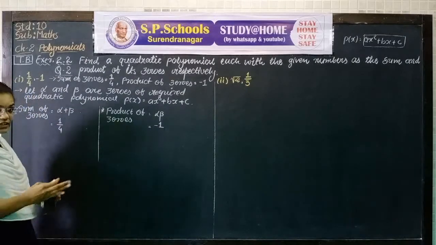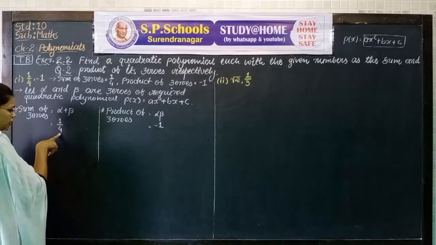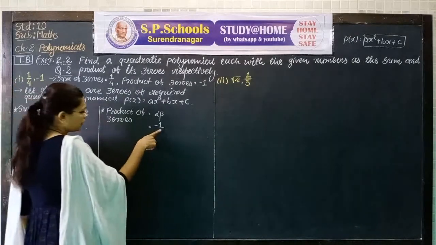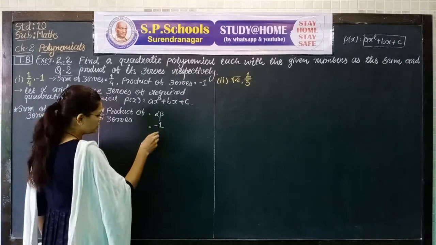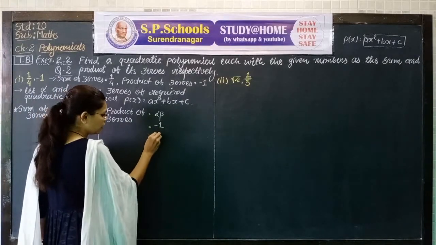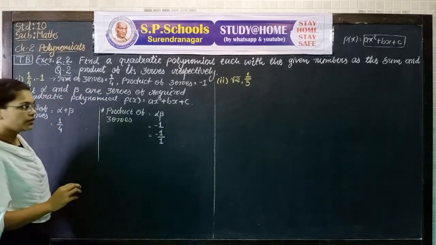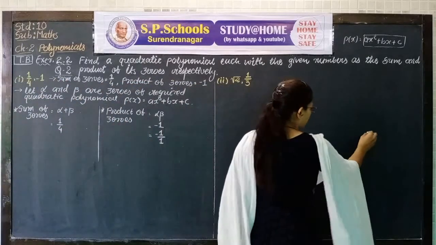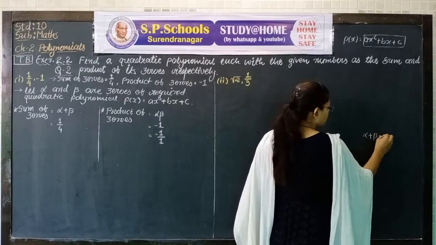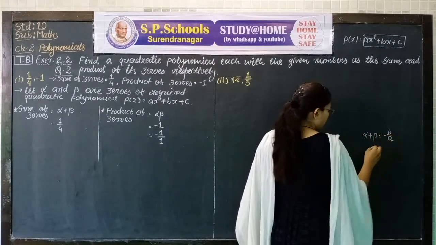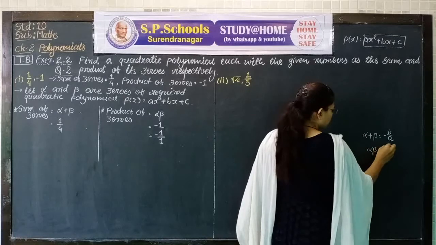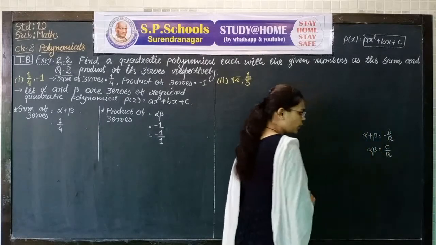First of all, make the denominators equal. Here the denominator is 4, here there is nothing in the denominator. So first of all we put a 1 here. We know alpha plus beta is equal to minus b upon a, and alpha into beta is equal to c upon a.